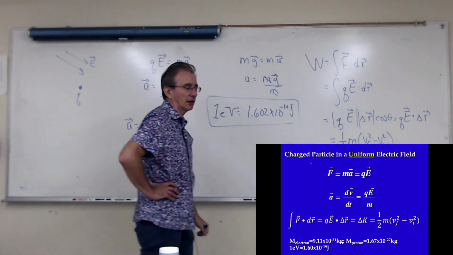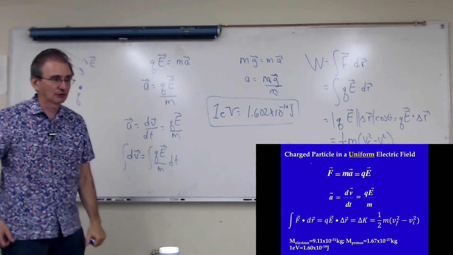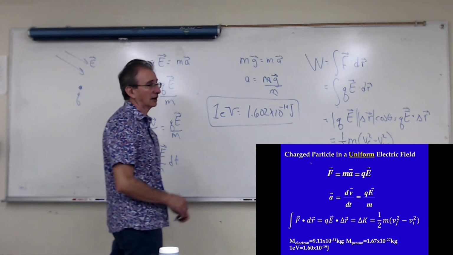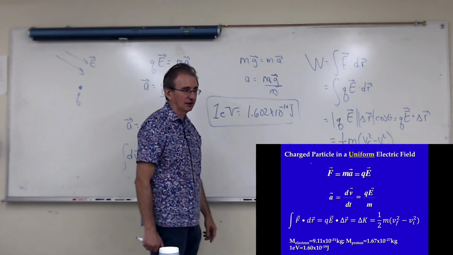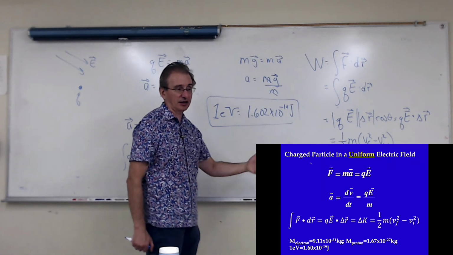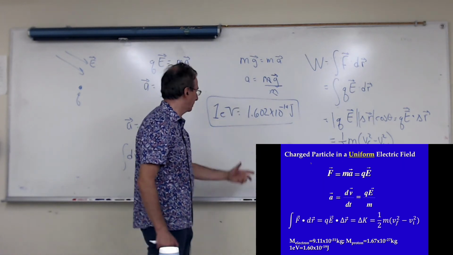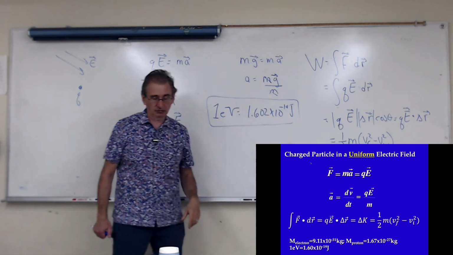So a lot of times in problems in physics class, when we're looking at a charged particle in an electric field, we write the energy of the particle or the change in kinetic energy or whatever energy we're calculating in terms of electron volts.